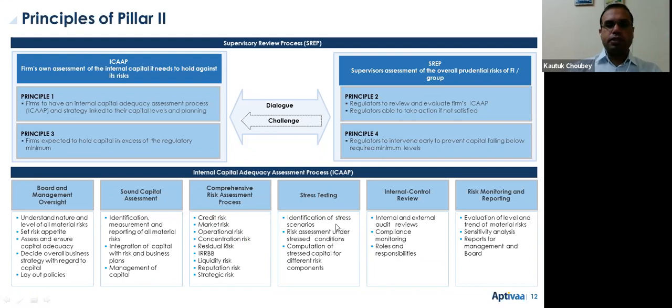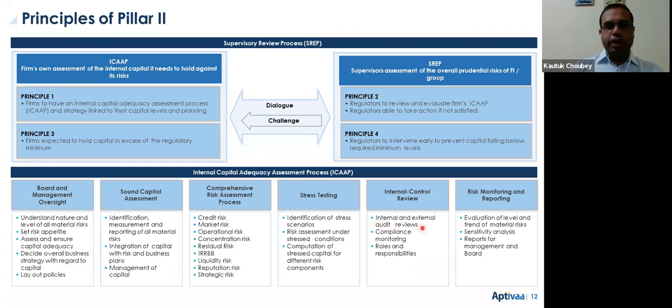So basically stress testing stretches and tests the resilience of the bank's own measurement process of the risk, and tests whether the bank's own measurement and the level of capitalization is sufficient to cover all the contingencies which are plausible in nature. Then there is internal control review.